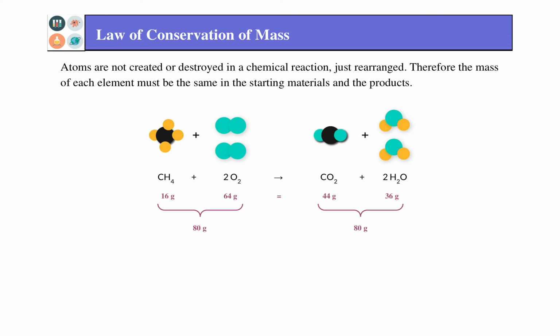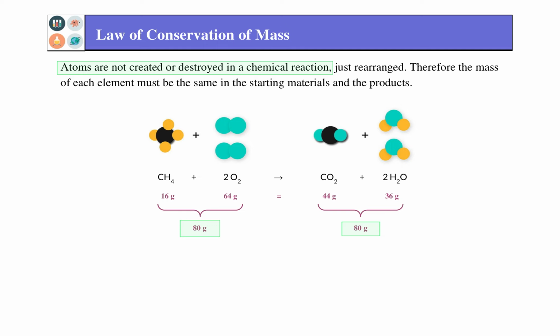Dalton's atomic theory also reinforced that in chemical reactions, matter is not created nor destroyed. Simply, the atoms are rearranged to form new compounds from the existing compounds. We can see this when mass is conserved in a chemical reaction. For example, in this reaction, we start off with methane and oxygen, and the mass of methane and oxygen together is 80 grams.